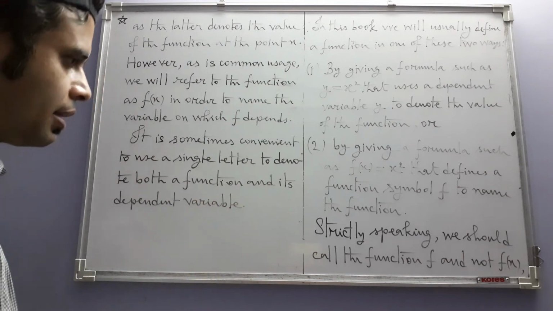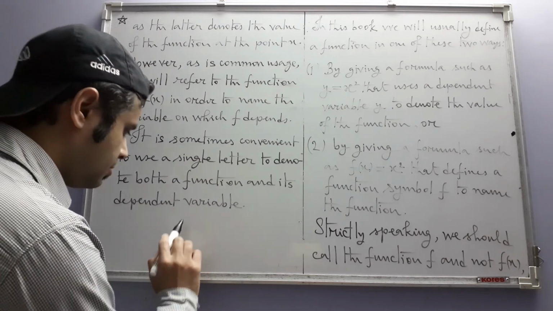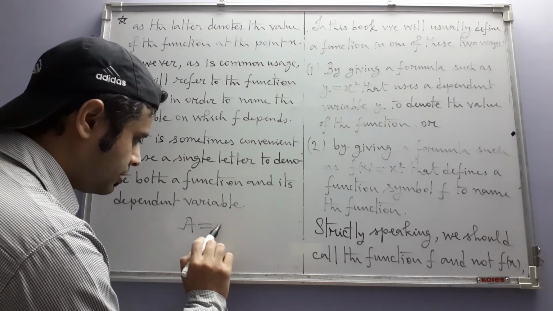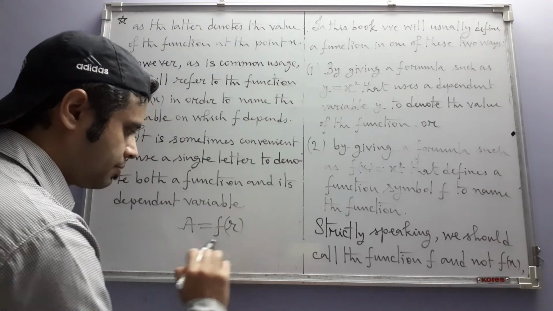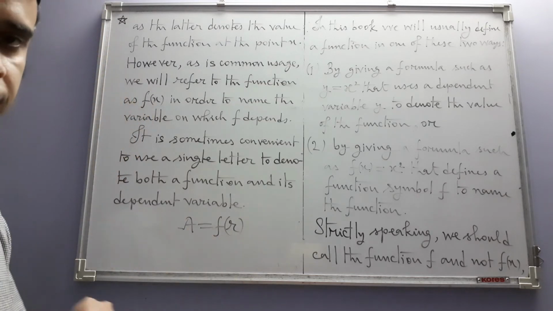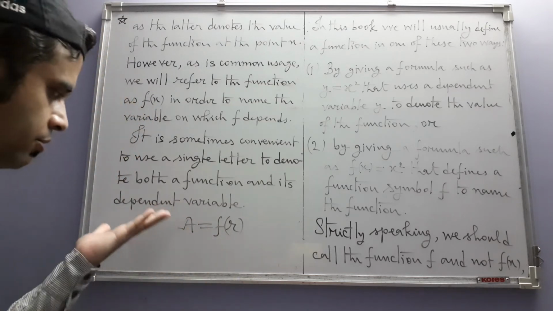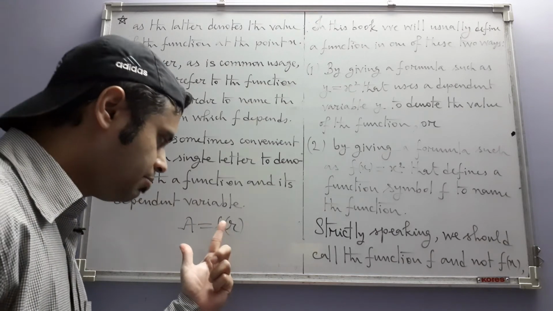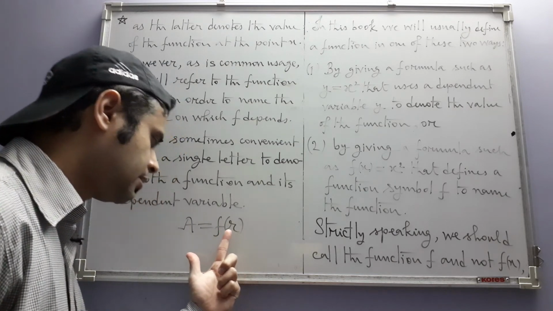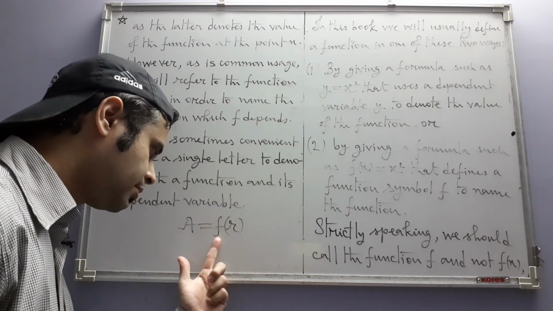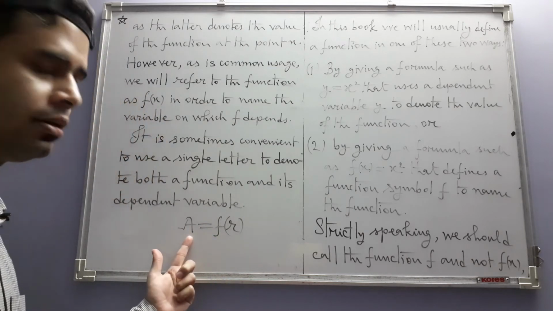What that means is that, for example, instead of calling the area function the function f, you can see here that the independent variable is r, the function name is f, and the dependent variable is a.